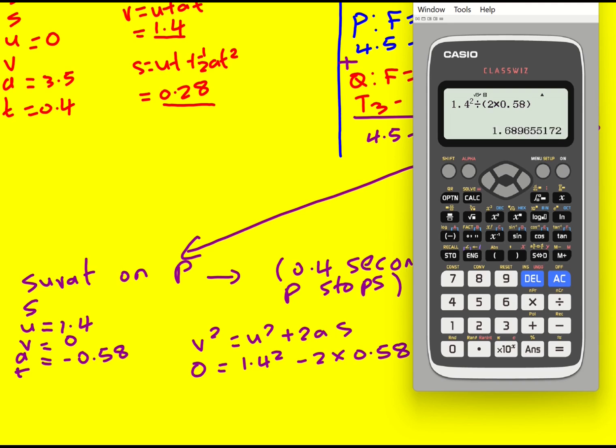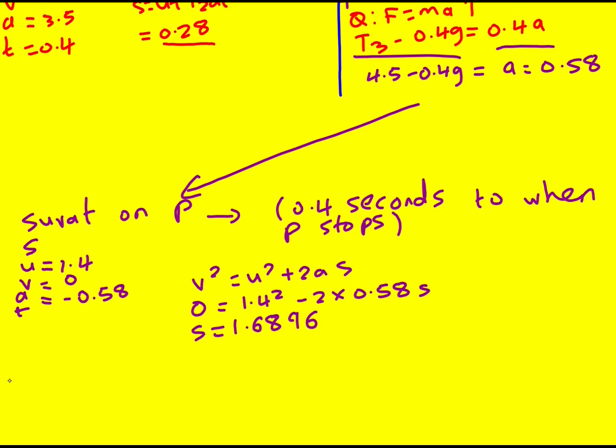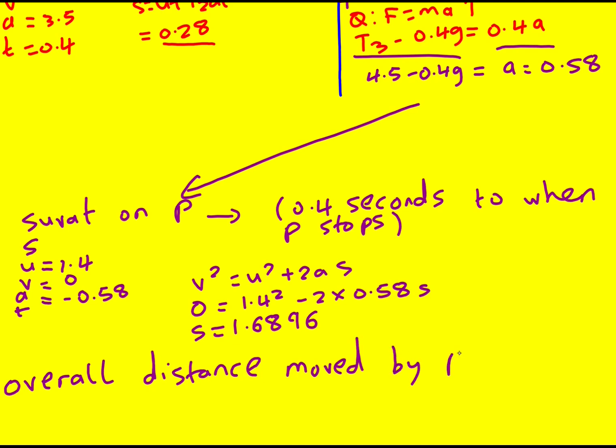We get 1.6896. So the overall distance moved by P is going to be the 0.28 we had before plus 1.6896.